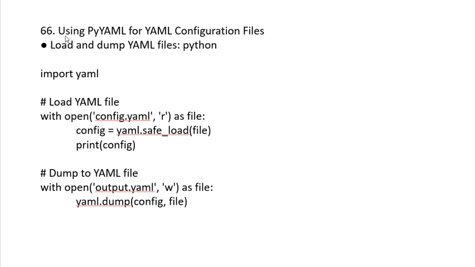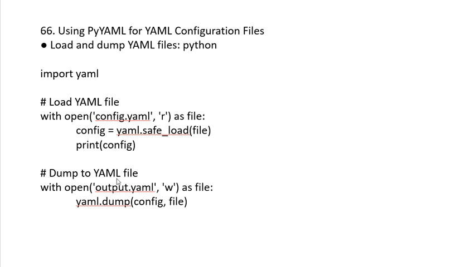And 66 is using PyYAML for the YAML configuration files, and load and dump the YAML files in Python. Use import yaml, and load the YAML files with open('config.yml', 'r') as file: config = yaml.safe_load(file), print(config).